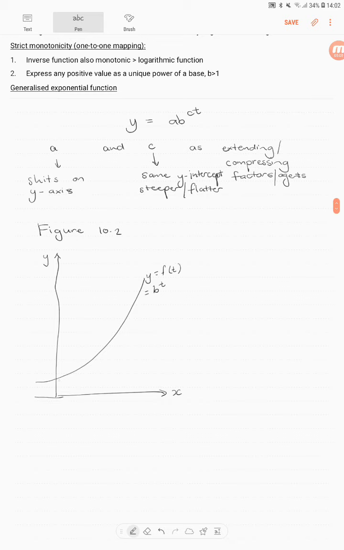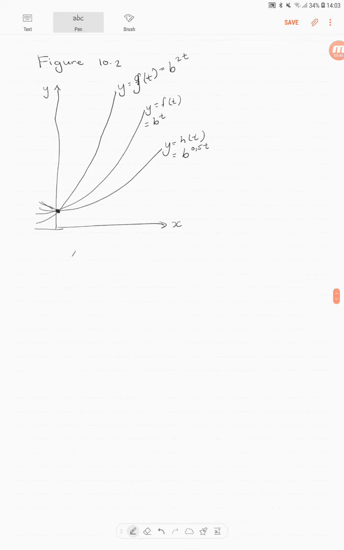If we change c, our y-intercept stays the same, but it becomes steeper, so this would be y equal to f of t, or g of t, let's just give it another function name, equal to b to the 2t, or a flatter curve would be y equal to h of t equal to b to the 0.5t. What happens if we change the value of a?